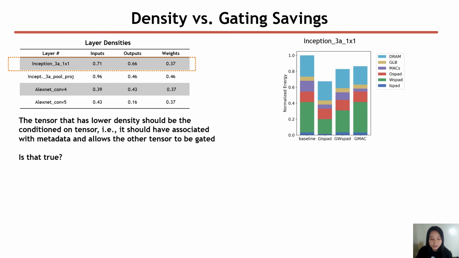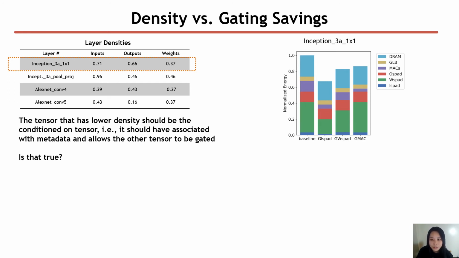Now we want to ask the question: if the tensor has lower density, then this tensor should be the conditioned-on tensor, meaning that it should have associated metadata, and it should allow the other tensor to be gated based on it.